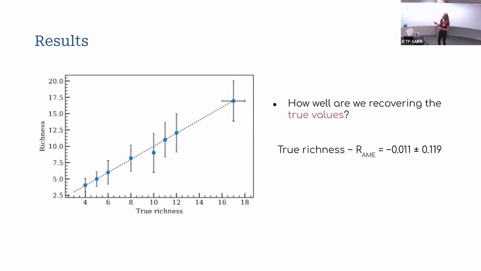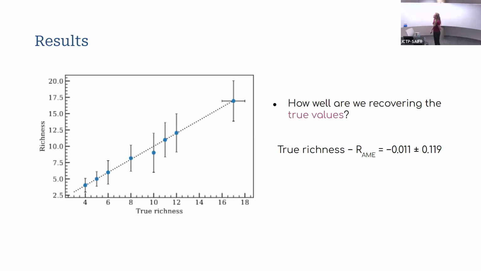And when I'm calculating my richness, it can be different. And in this last point, there are errors, but because I'm forcing them to have at least 10 clusters inside each bin. We have this error. But you can see that the median points show a very nice relation to the one-to-one line. So great.